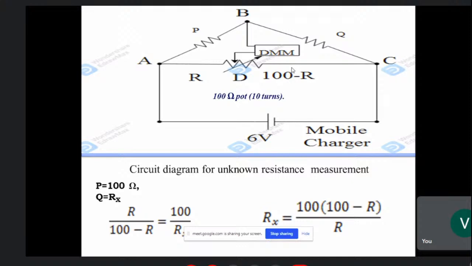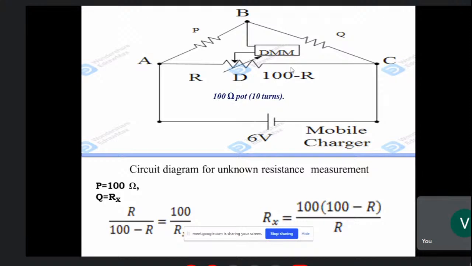Goswami has calibrated it in 10 equal parts. So you can realize that with this instrument we are getting a least count of 1 ohm. This is very good. That's why I chose this 100 ohm, 10 turn pot.